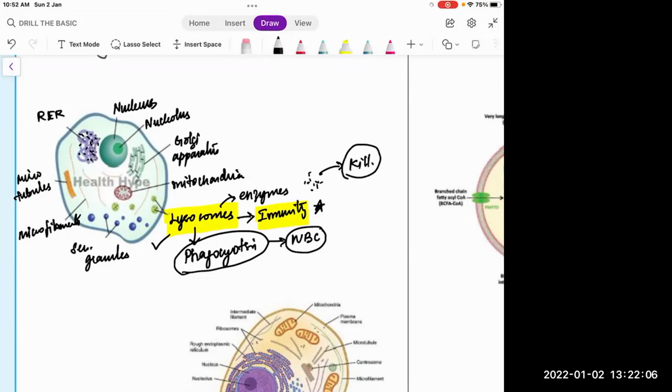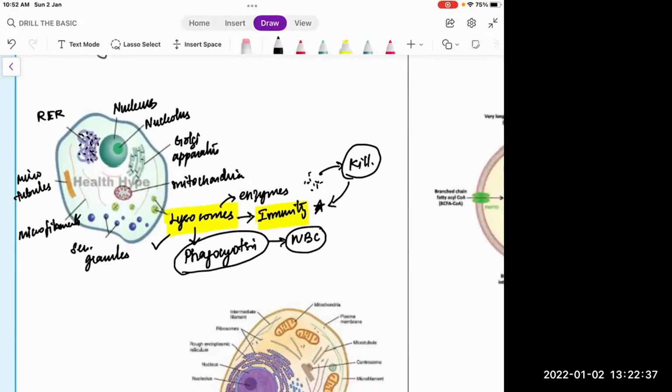Since it has a role in fighting foreign substances, it has a role in immunity. This is the very basic thing we study from higher secondary onwards: the phagocytic cell fuses with the lysosome, forming the phagolysosome, which releases the digestive enzymes, kills the cell debris, and then deals with the foreign material.